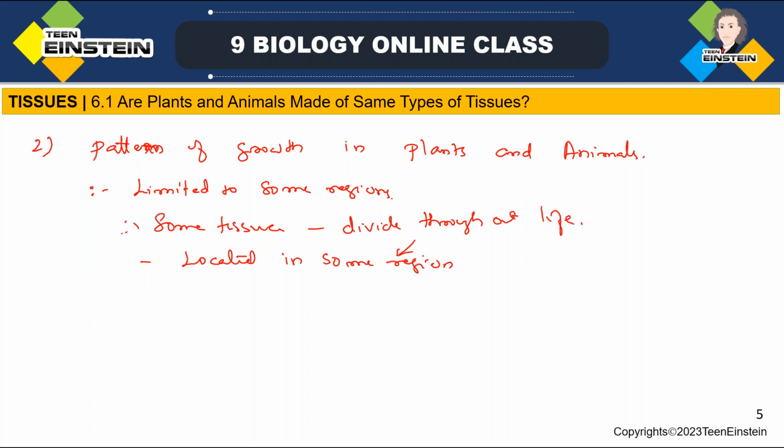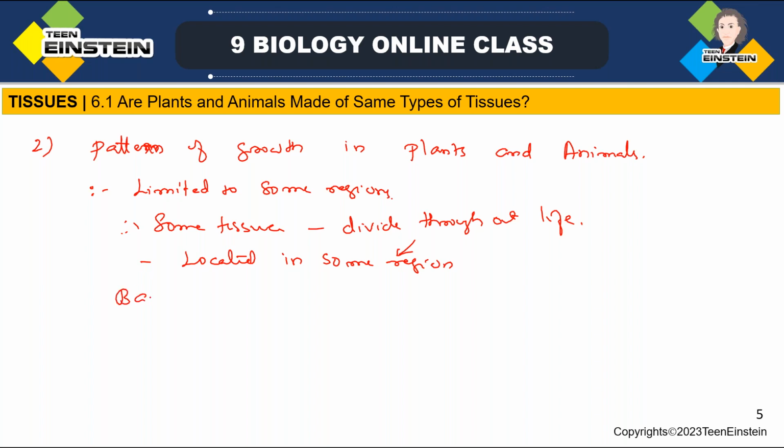So based on that dividing capacity of the tissue, the various plant tissues can be classified as permanent tissue and meristematic tissue and all.